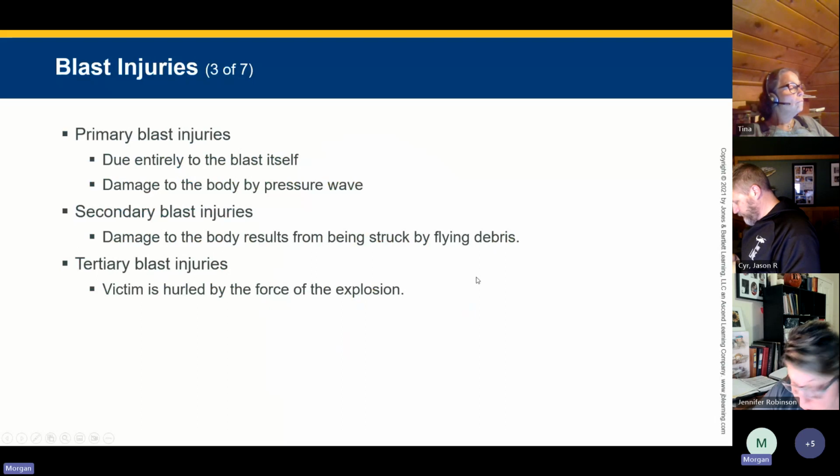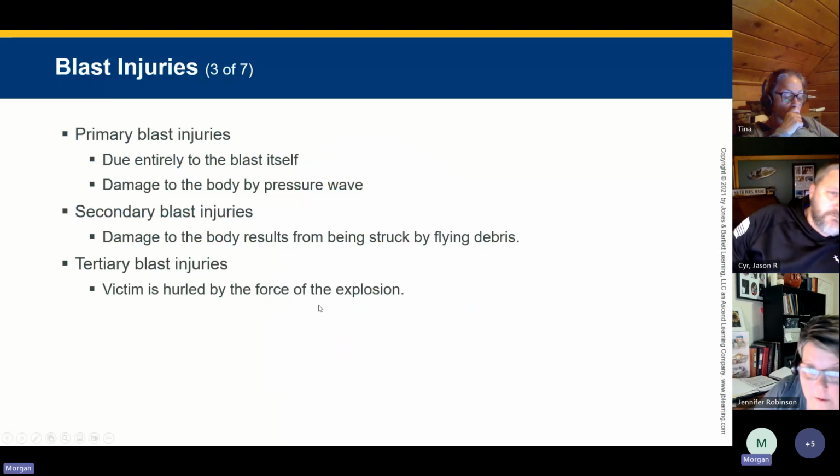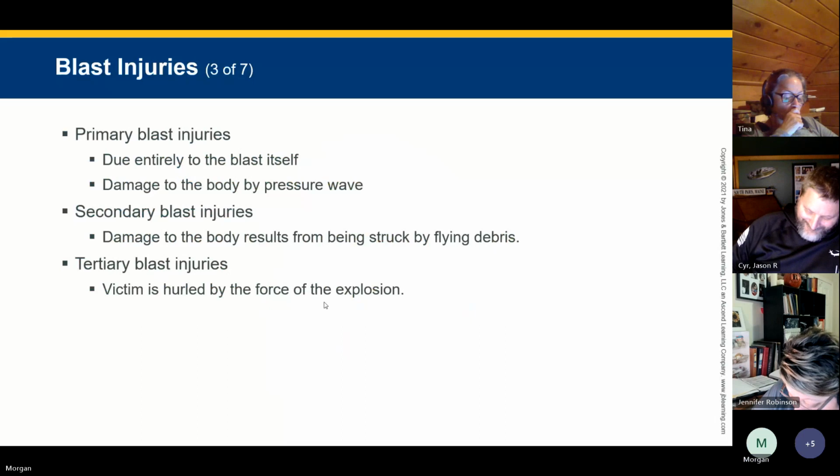The primary blast injuries are due entirely to the blast itself, damage to the body by the pressure wave. The secondary blast injuries, damage to the body by flying debris, and the victim is hurled by the force of the explosion. So the tertiary blast injuries.